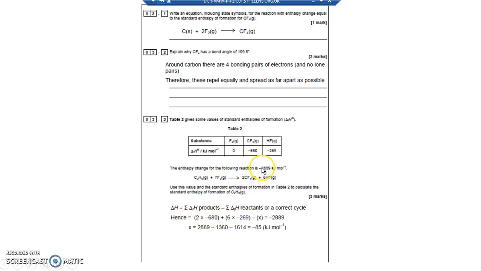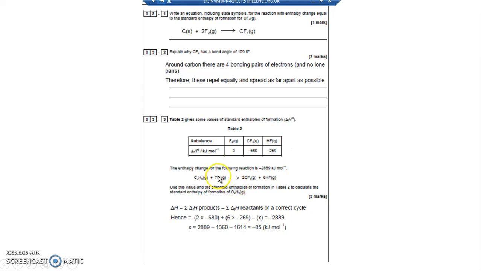So minus 2889 equals 2 CF4, so that's 2 multiplied by minus 680, 6HF, minus 269 multiplied by 6. Take away the enthalpies of formation of the reactants, those on the left hand side. 7F2, F2 is 0 because it's an element, it's already as an element, so there's nothing to form there, so that's 0. Take away the enthalpy of formation of C2H6, which we haven't got, so we'll call that X.